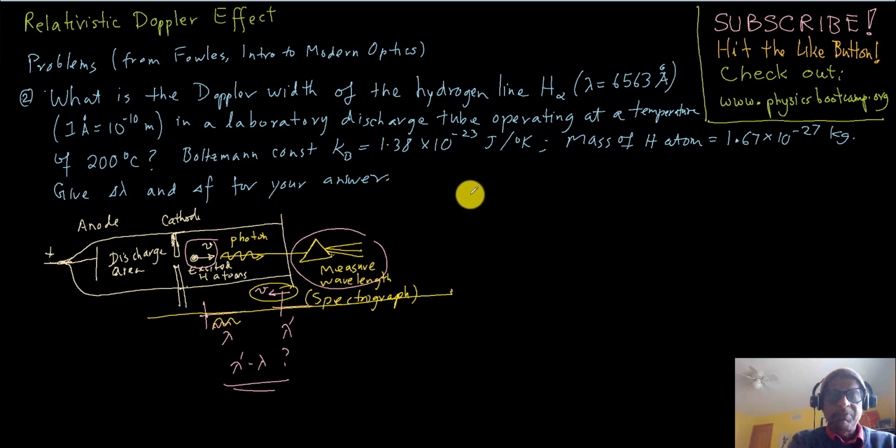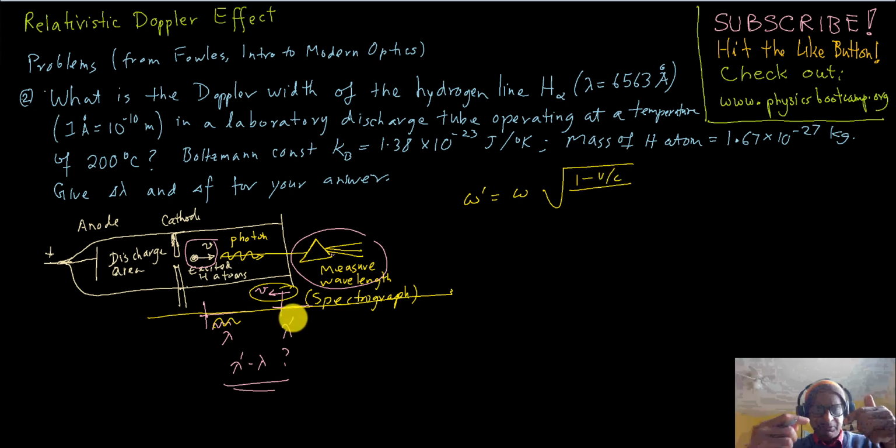So here omega prime equals omega times the square root of 1 minus v over c. It depends on whether they're moving towards each other, then the frequency will go up. So if it goes up, you'll write this 1 minus v over c.